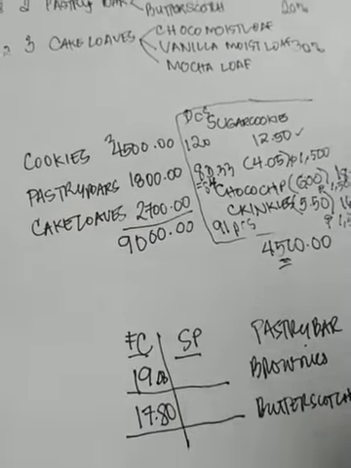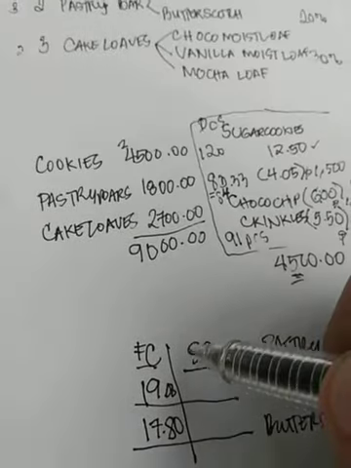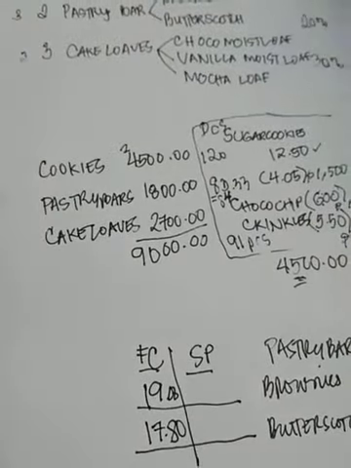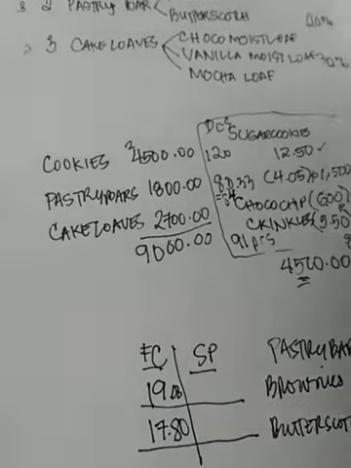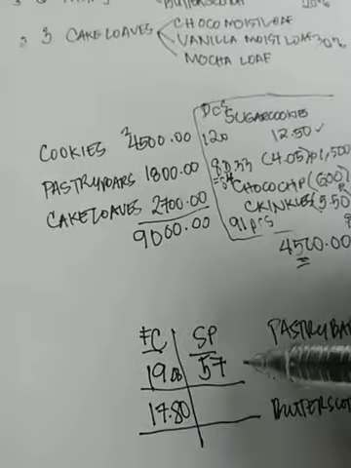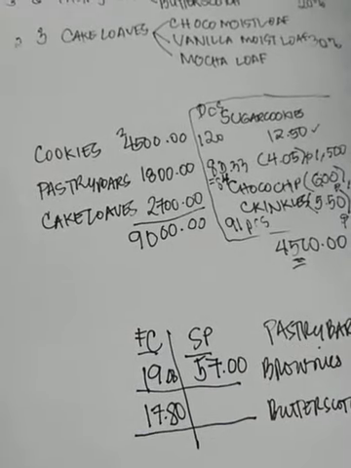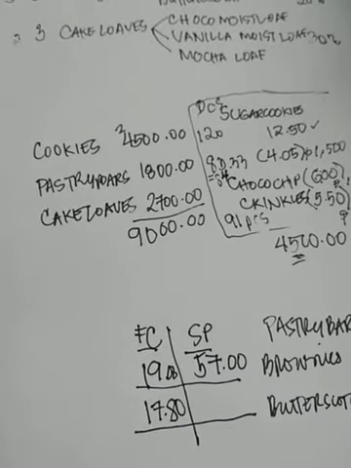So, magkano ngayon ang selling price mo dyan? That's 19 times 3. That's 57 pesos. Okay. Take note, there are brownies na malaki kasi.